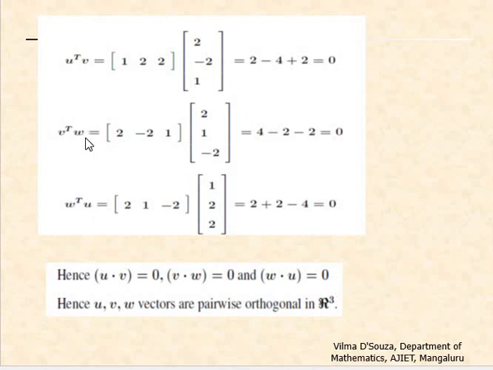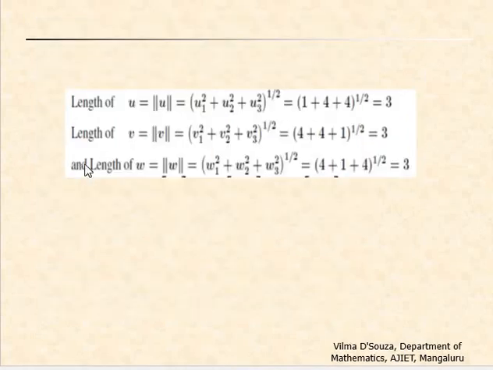You have three vectors u, v, w. The dot products of the combinations are all 0. So you can say that u, v and w vectors are pairwise orthogonal. What is the length of u?